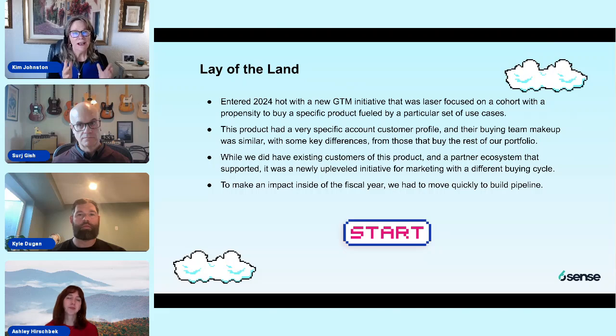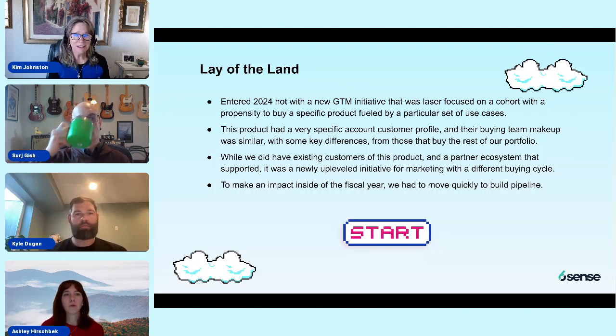It was very important for us to understand the target audience and the surface space that we had, like how big is that audience, and to understand that profile very specifically.